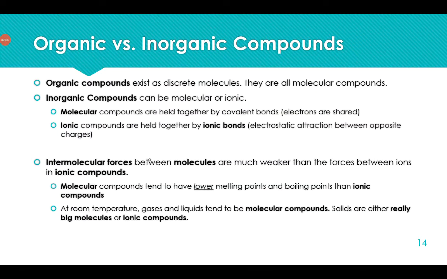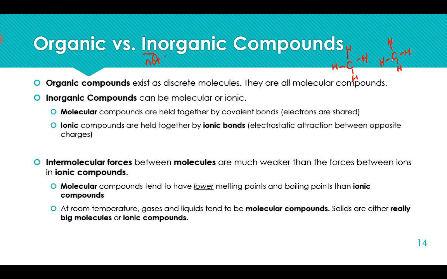So what's the difference between organic compounds and inorganic compounds? Inorganic means not organic. Organic compounds always exist as discrete molecules, which means that molecules are discrete clusters of atoms, and each molecule has the same composition in the substance.